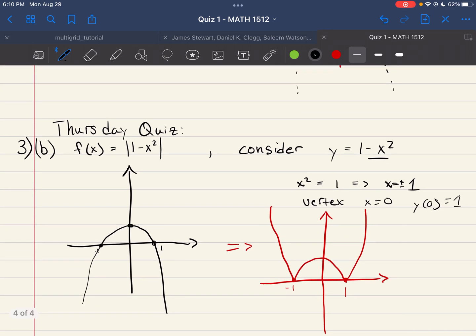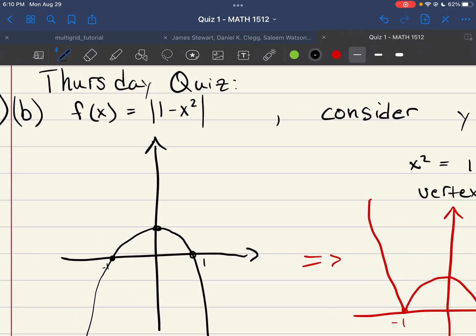Then for the Thursday quiz, the function that you were given was f of x equals the absolute value of 1 minus x squared. So let's consider it without the absolute value. We get x-intercepts at plus or minus 1, and we get a vertex at x equals 0. Plugging in 0, we get 0, 1.